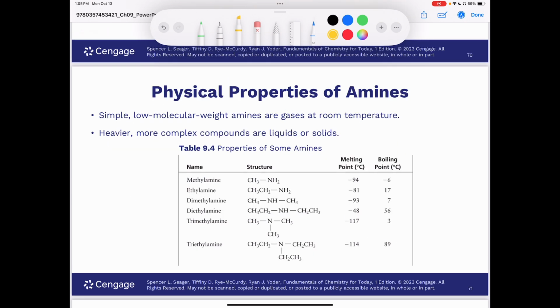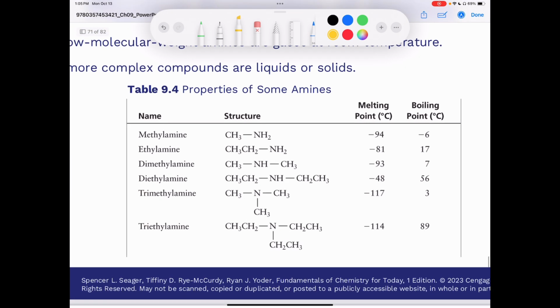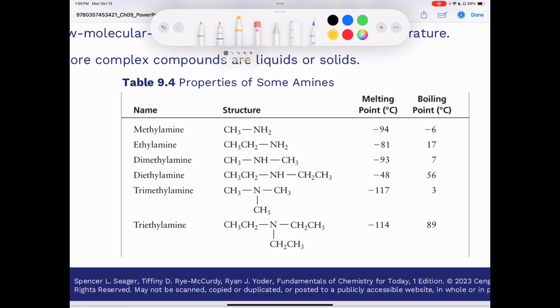Simple low molecular weight amines are gases at room temperature, but heavier, more complex compounds are solids and liquids. And so we can see here that methylamine, the one on the top, it's a primary amine, it's very small, it has a boiling point of -6, it has a melting point of -94. Then we go to something like ethylamine, and what do you see? You notice that the melting point increases and the boiling point increases.